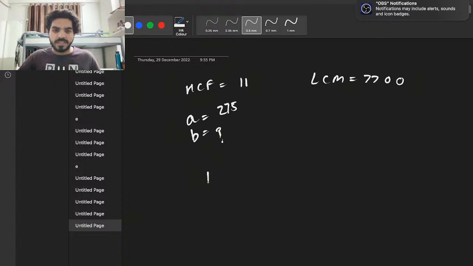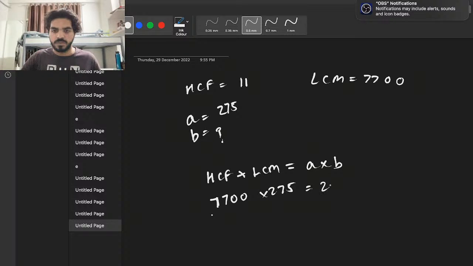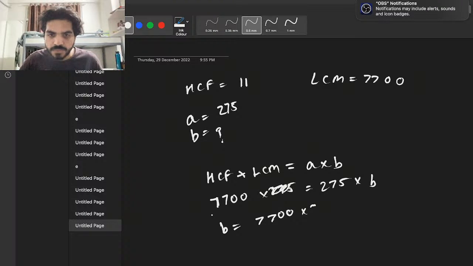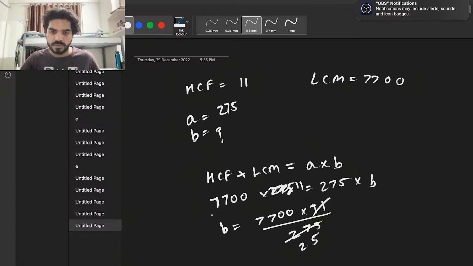We have a property of LCM and HCF, that is LCM into HCF is equal to the product of the numbers. So 7700 into 11 will be equal to 275 into B. For calculation of B, we will simply solve them out. 11 into 11 upon 275. 11 and this 25.